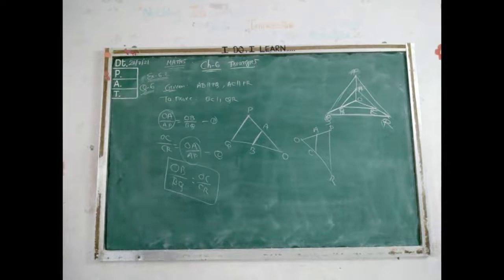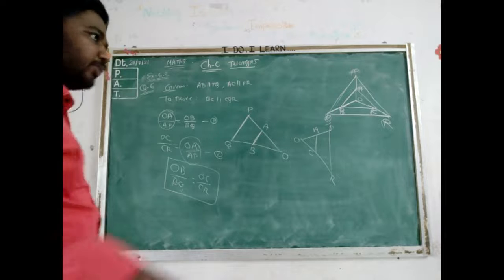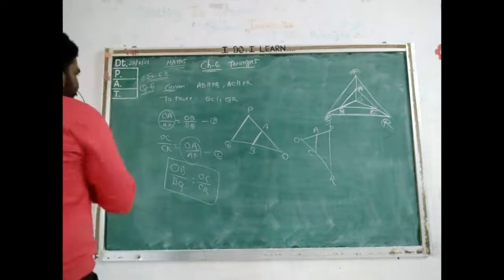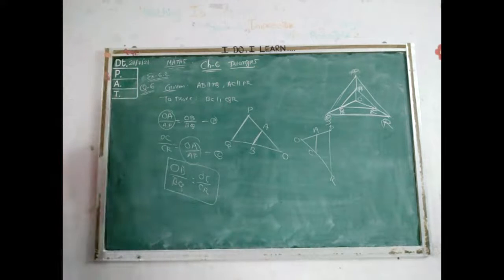How many of you have doubt? First, we are using BPT. Then second, we are using converse of BPT. In first two, we are just using BPT, and next one, converse of BPT, so that we can prove this one. And once parallel is given, then from that we can use ratio is equal, and if ratio is equal, then we can prove that two sides are parallel.